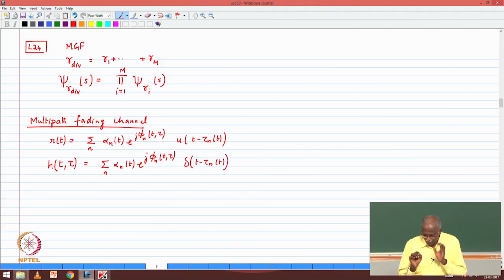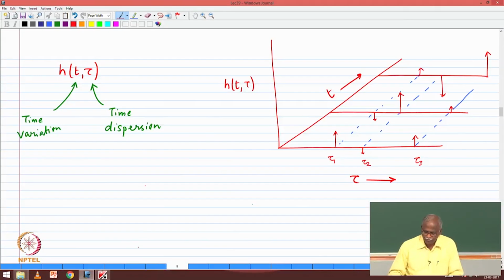Keep in mind that we cannot call this an impulse response or treat it like an LTI system; our description is a two-dimensional description of the channel. What we are saying is that at every time instant, if you take a snapshot, the channel will have some behavior in terms of the different delays.